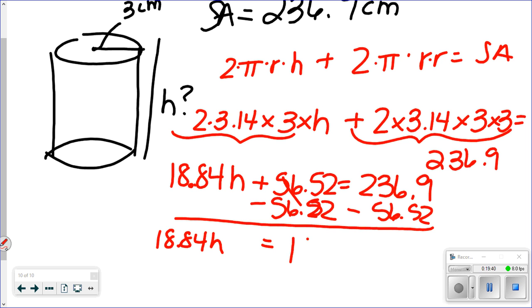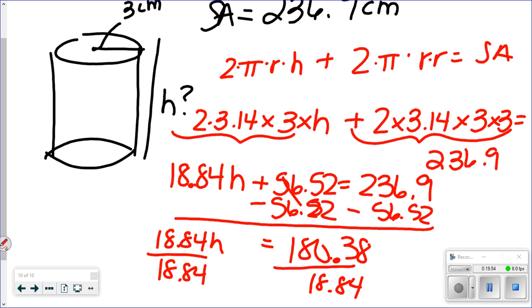I got 180.38. All right, what's my next step now? Divide, you're right. I'm going to divide by 18.84. And you should get, it's going to round up, so 9.6 centimeters.